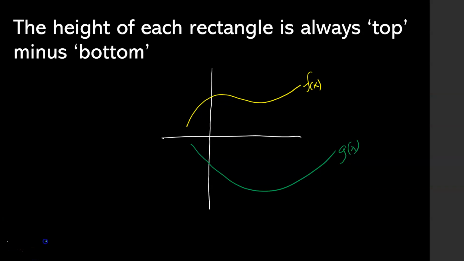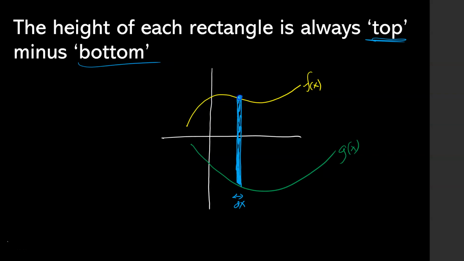So if we draw a representative rectangle, the width of that rectangle is still going to be dx. No problem there. But what about the height? In this case, we want an always positive height. So what I said is, hey, it's always top minus bottom, or in this case, f minus g.